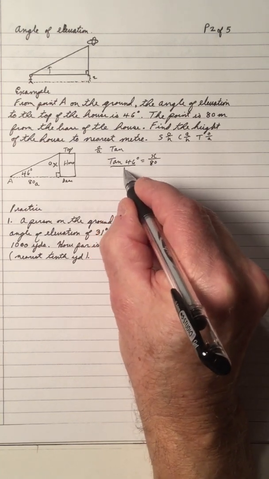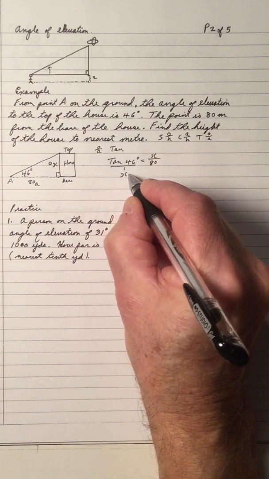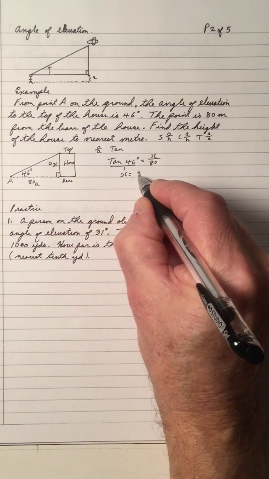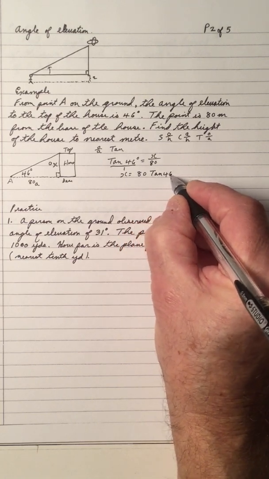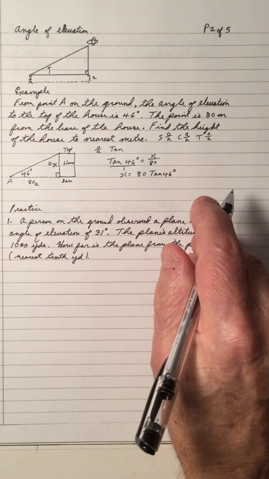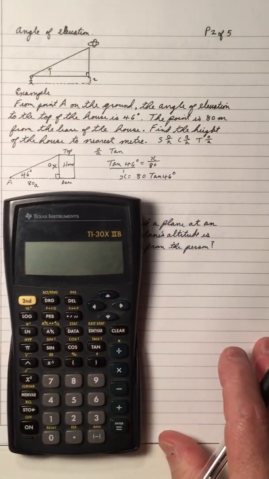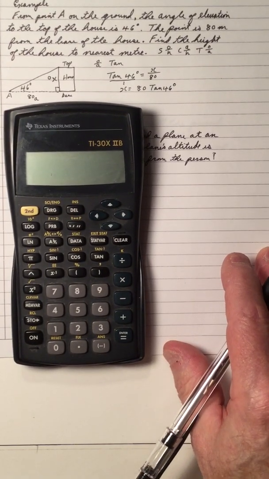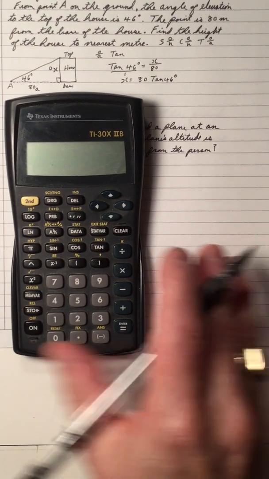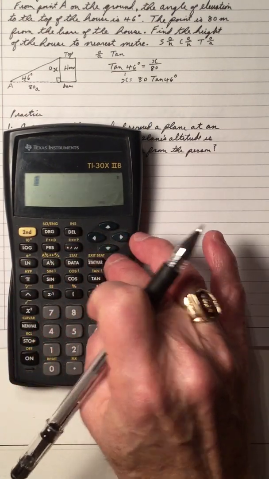To solve this, we put it over 1, cross multiply, 1 times x is x, and we get 80 times tan 46. So let's bring the calculator into play here now. Let's move this up a little bit so you can see me working the calculator. I'll turn on my calculator, clear that.